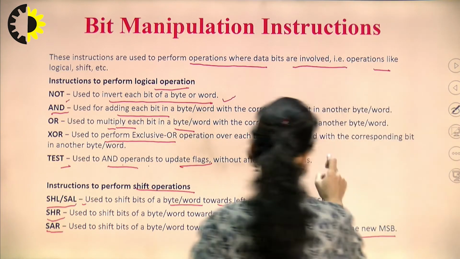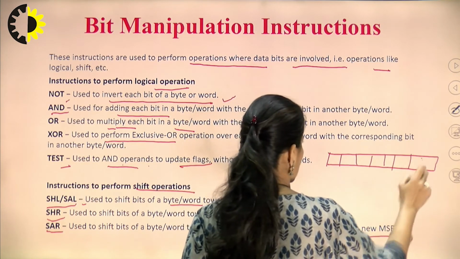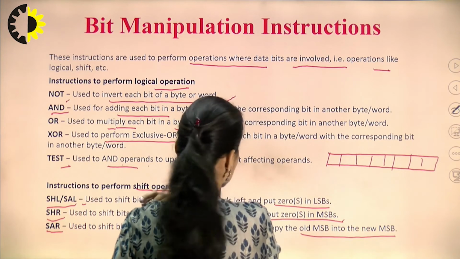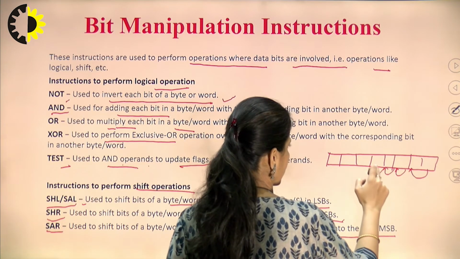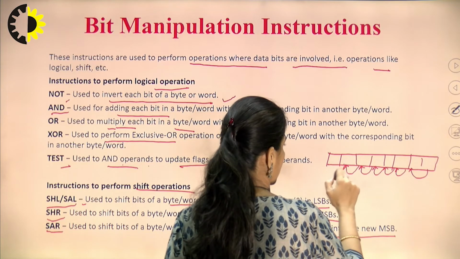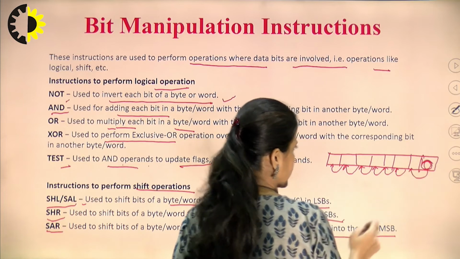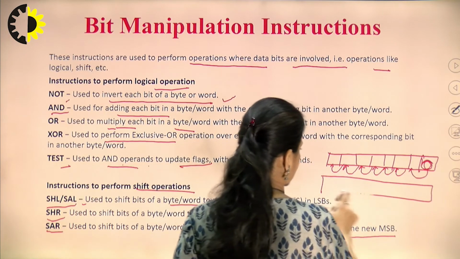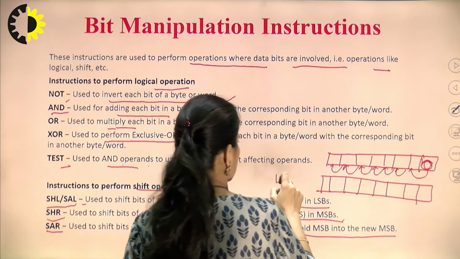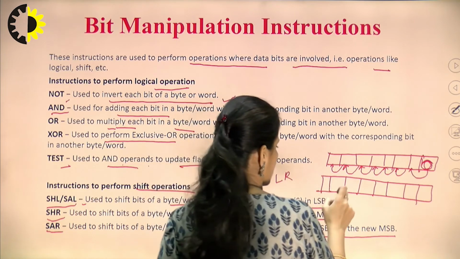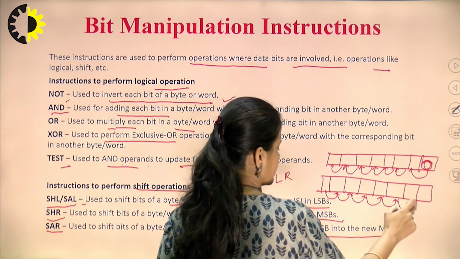So what is happening here? Let us check once. This is the case of arithmetic and logical left shifting. It will be shifted this way. Suppose we are shifting by one bit only. So this will be empty, so 0 will be placed here. Now we are performing the right shift. In logical right shift, suppose we are performing only a one bit shift.